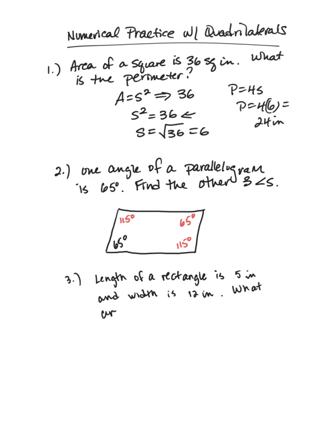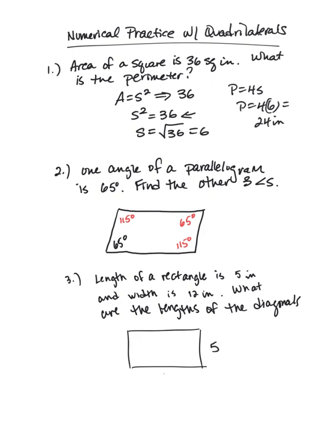What are the lengths of the diagonals? So think about it. This is 5, this is 12. Let me just draw this diagonal. You have a right triangle. Now, if you have the 5, 12, 13 triple memorized, then the answer is just 13.